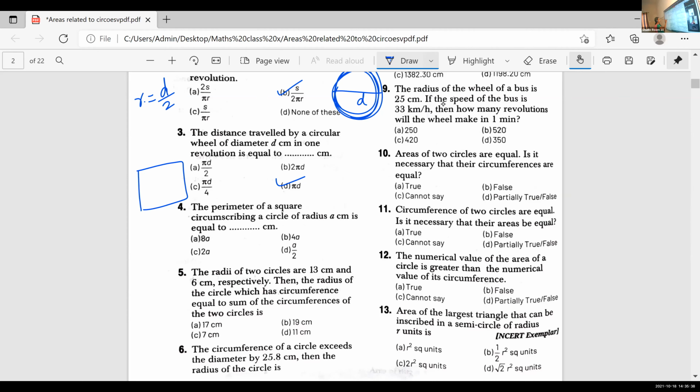So the diameter of the circle will be the same as the side of the square. Whenever a square circumscribes a circle, the diameter will be the same as the side of the square.